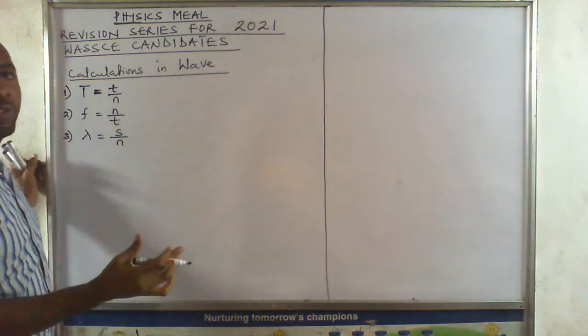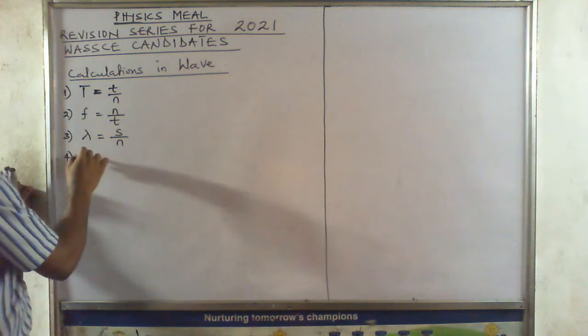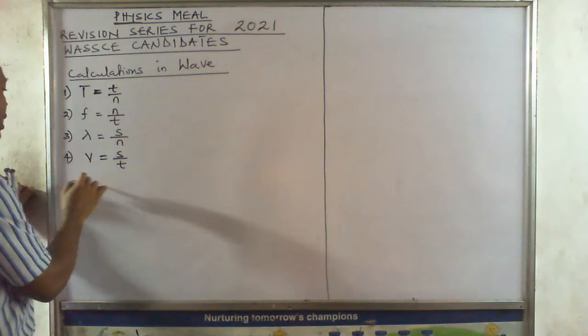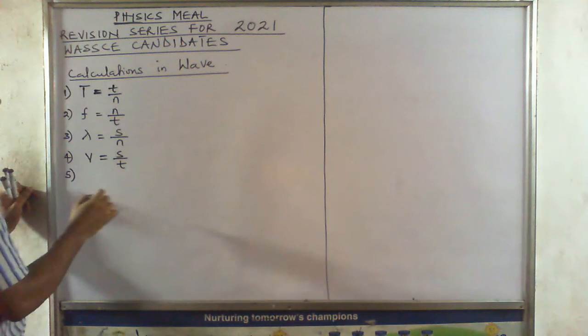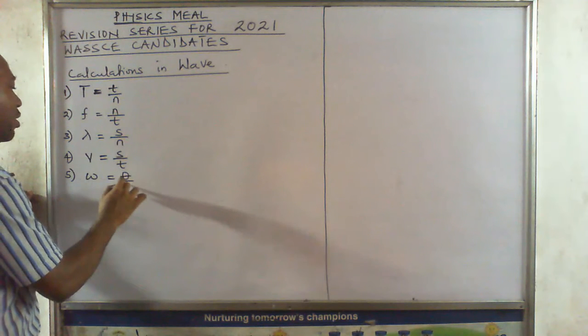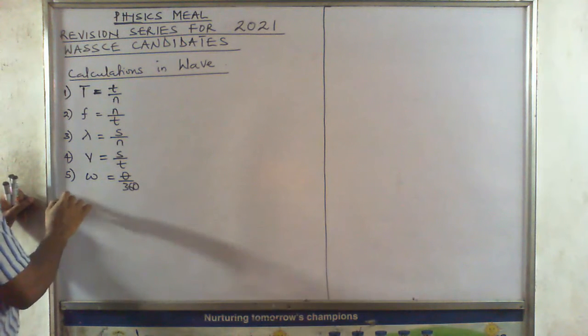That's what we call the wavelength. We also have another expression that the linear velocity or speed is distance over time. We have another one that the angular velocity is theta over 360.